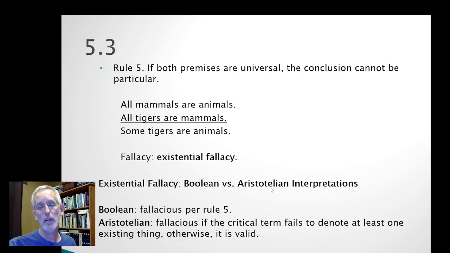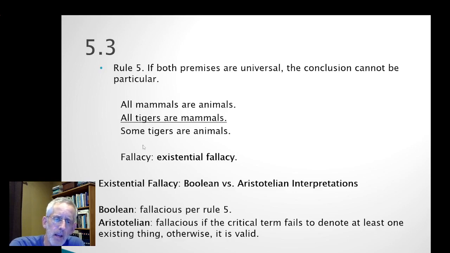But if I ask you to evaluate it in relation to the Aristotelian interpretation, you would just ask yourself, does the critical term, the thing we're trying to prove something about, actually refer to something that exists out in the world? If it does, then the argument is not guilty of the existential fallacy. If it doesn't refer to something that exists in the actual world, then the argument is guilty of the existential fallacy, like the tigers and unicorn example.